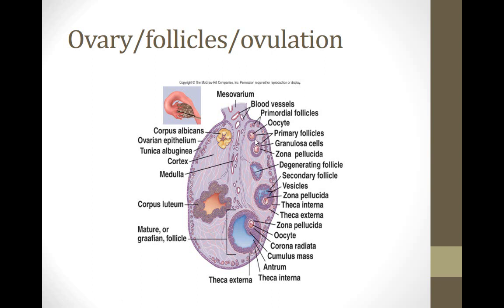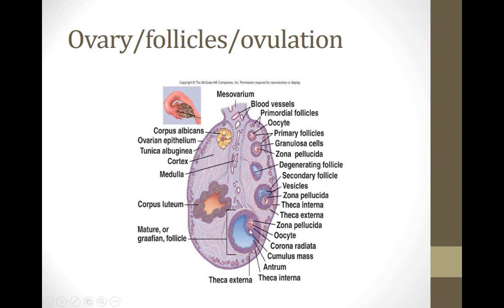So within 14 days, your ovary has chosen one of these eggs here to mature, has a primary follicle around it, and as it gets to about day 14, this egg becomes a secondary oocyte. It's a mature oocyte, and around it is this mature or Graafian follicle that you see, and it's very blister-like.